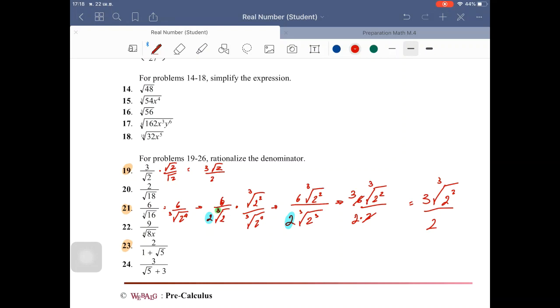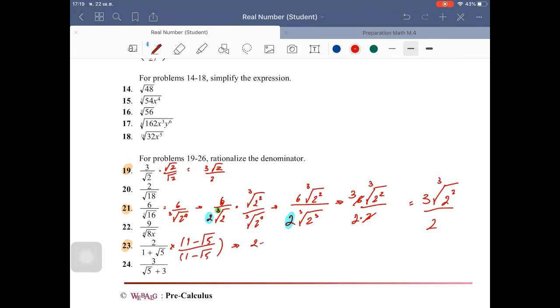Okay, question 23. You have to multiply the denominator itself but change from positive or plus to minus. So you multiply 1 minus square root 5.